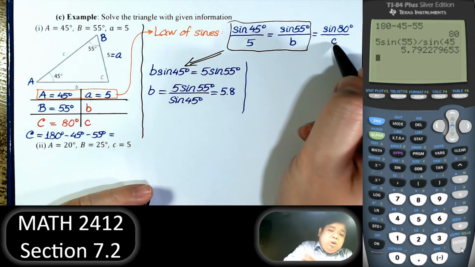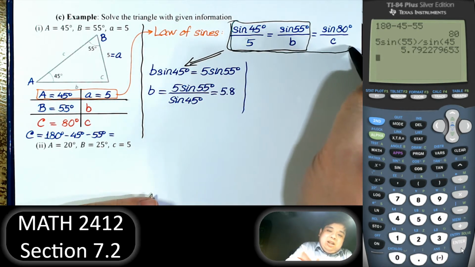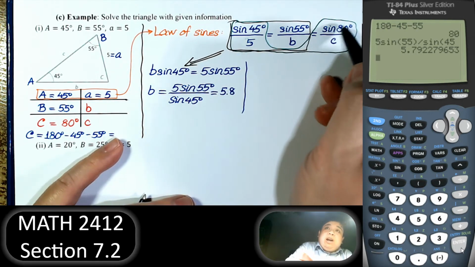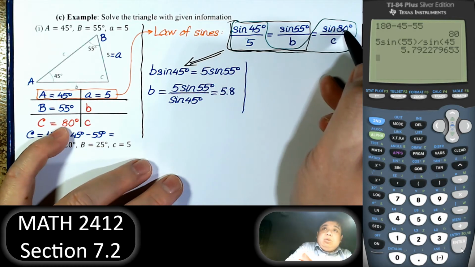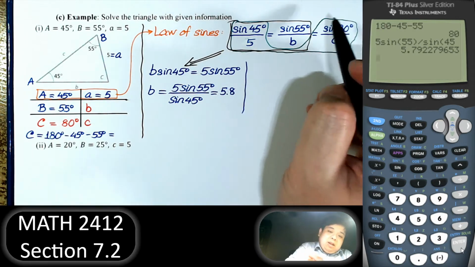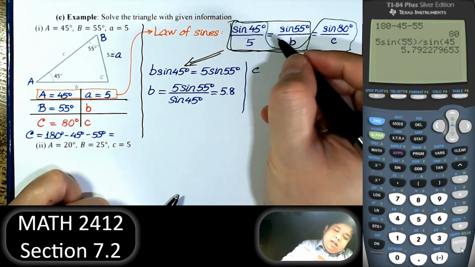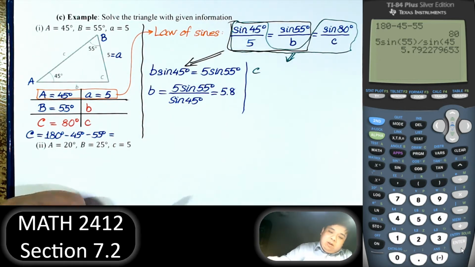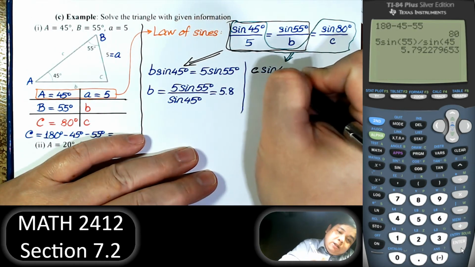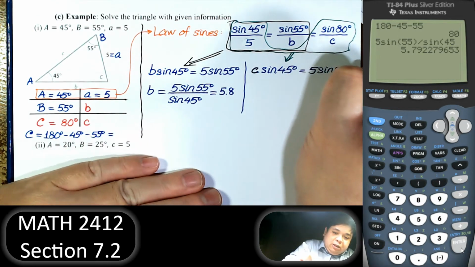Now, we need to find c. Well, in this case, we cannot really pick and choose. Even though we've solved for angle C, 80 degrees, it is not what is given, but we have no choice. We have to use it. So taking those 2 ratios and cross multiplying, we have c sine of 45 degrees equals 5 sine of 80 degrees.